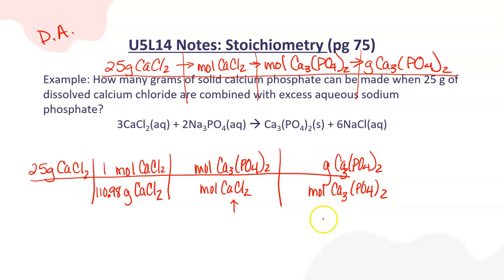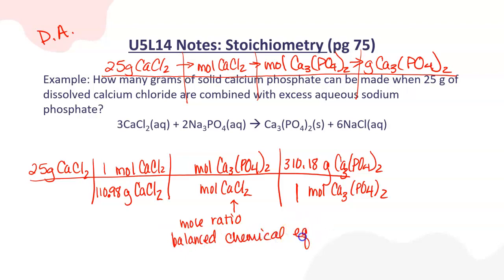And I'm going to do the last one too, because we know 1 mole, and we did this one in the last slide, 310.18. This one is a mole ratio. We've looked at this already. We're just now adding it into the middle of a very long calculation, or train track. This comes from the balanced chemical equation above.